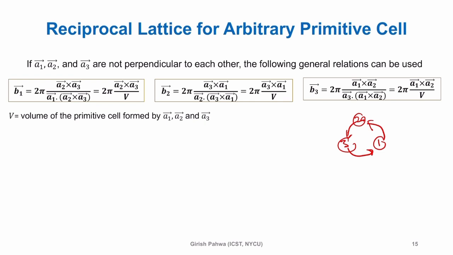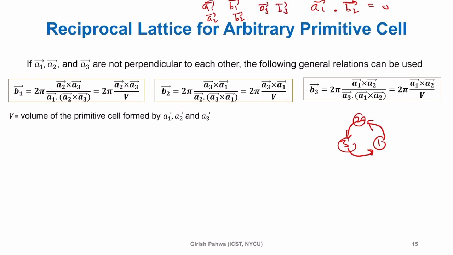Okay, so A1 and say B2, if I take the case of a rectangular lattice, they are mutually perpendicular to each other, correct? So if I take the dot product of them, that will be 0. Yes, because A1 and B1 are parallel, A2 and B2 are parallel, A3 and B3 are parallel.